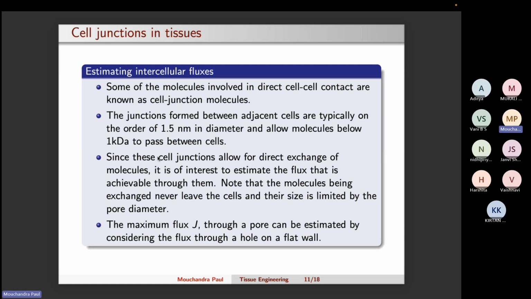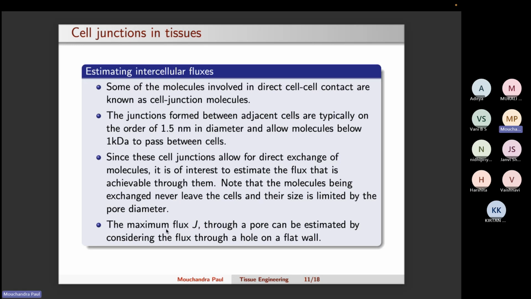Since these cell junctions allow for direct exchange of molecules, it is of interest to estimate the flux that is achievable through them. Note that these exchanged molecules never leave the cells, because they stay in the cell ultimately. They are just moving from one cell to another. They are not diffusing out, they are staying inside. And their size is limited by this 1.5 nanometer diameter.